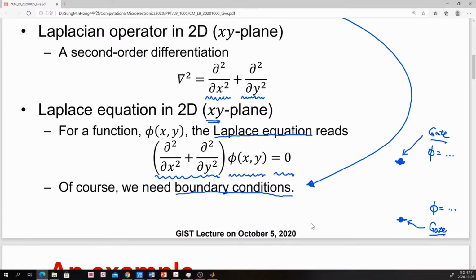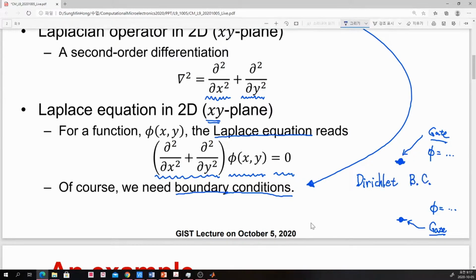Once we fix the potential, this type of boundary condition is called the Dirichlet boundary condition, and we can impose it without much difficulty. So please remember our previous work. We just imposed our Laplace equation or Poisson equation in bulk nodes, non-boundary nodes. After that, for boundary nodes, we just set the value of our solution function phi. That was all.